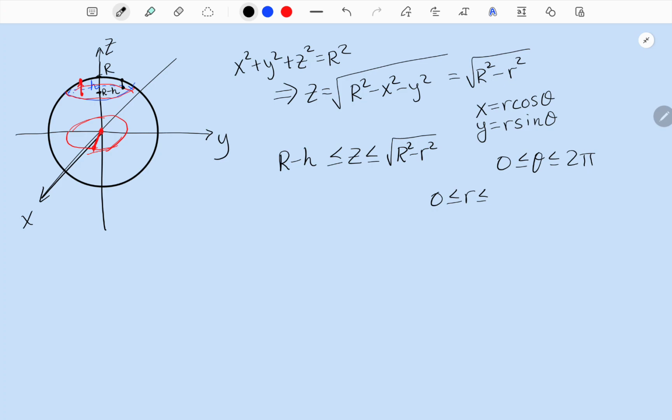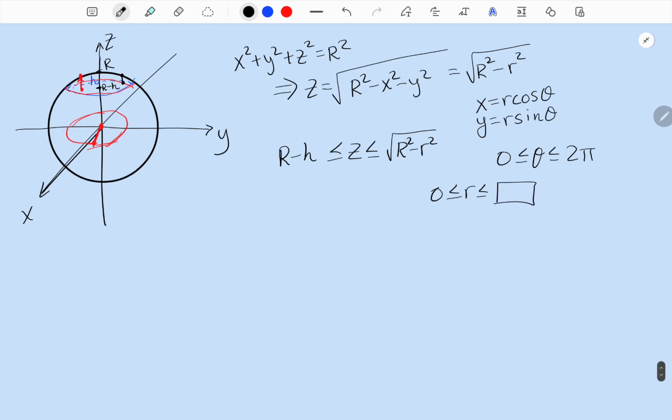Now, if my z is r minus h, what is the radius for x squared plus y squared? What is the upper bound for my radius? I know that x squared plus y squared is equal to R squared minus z squared, which is R squared minus (R minus h) squared when z is R minus h.